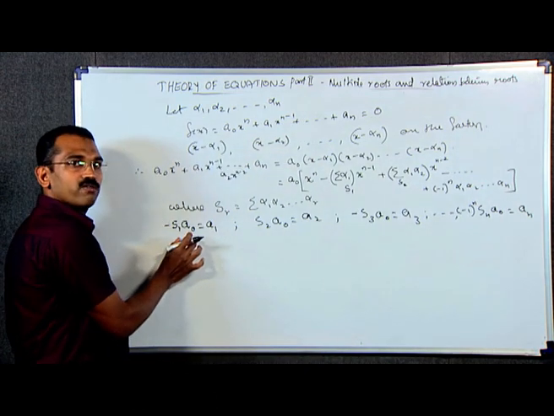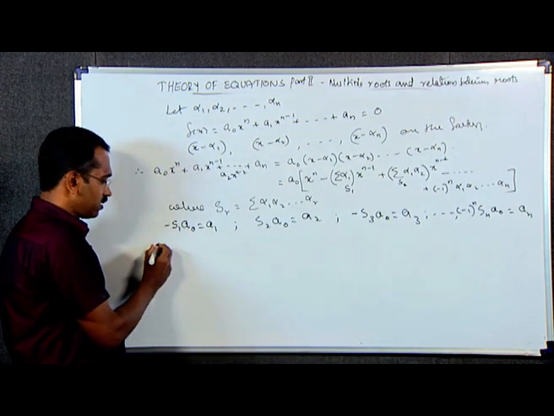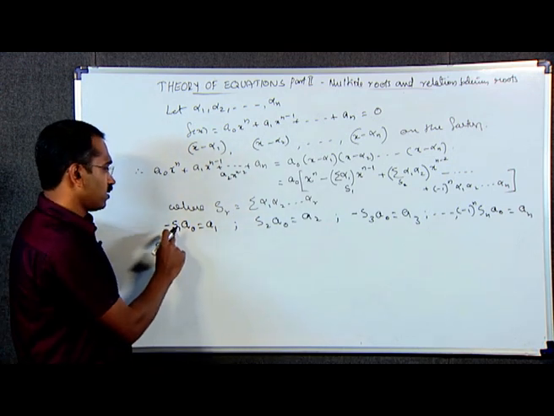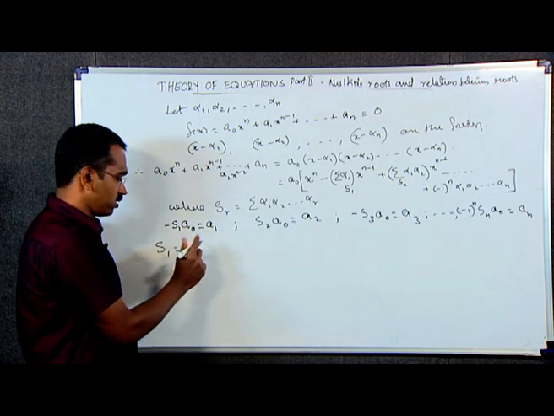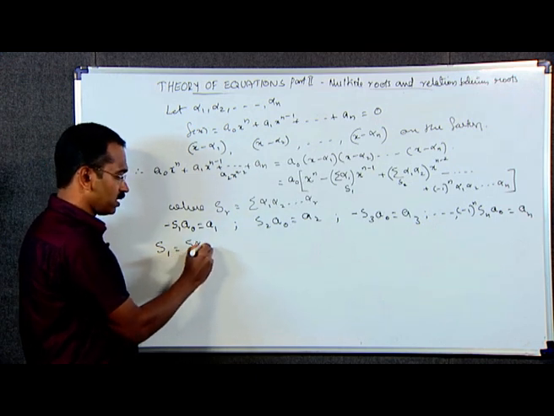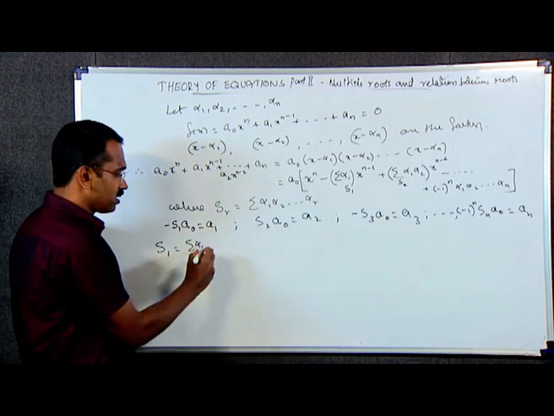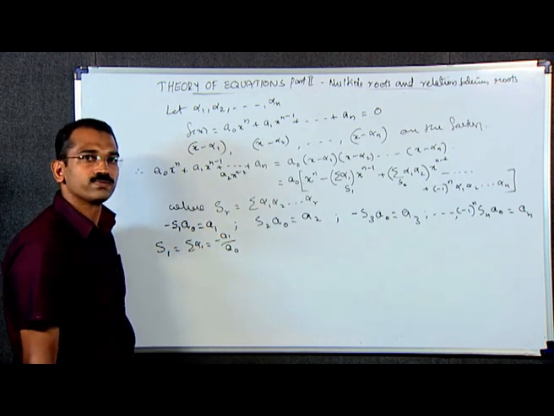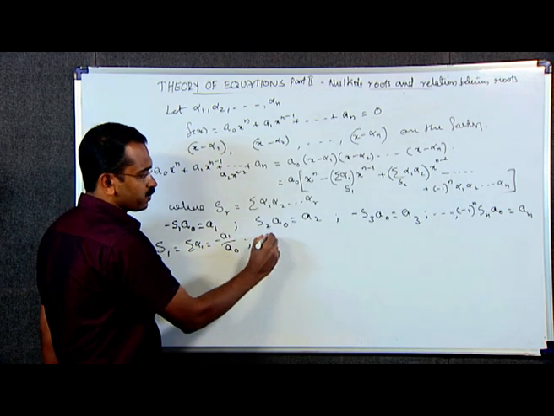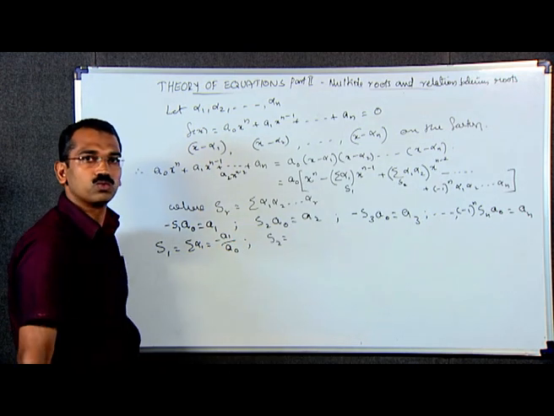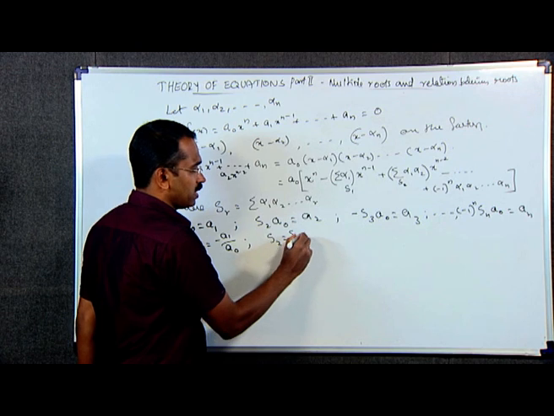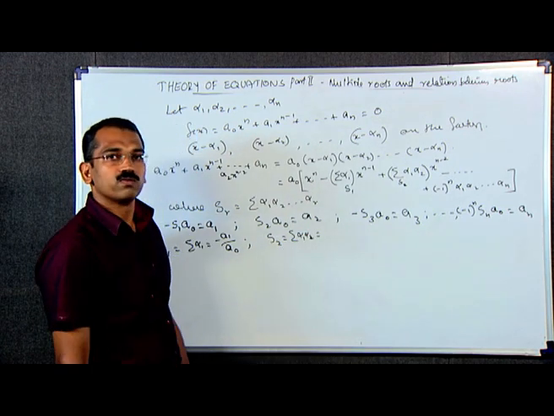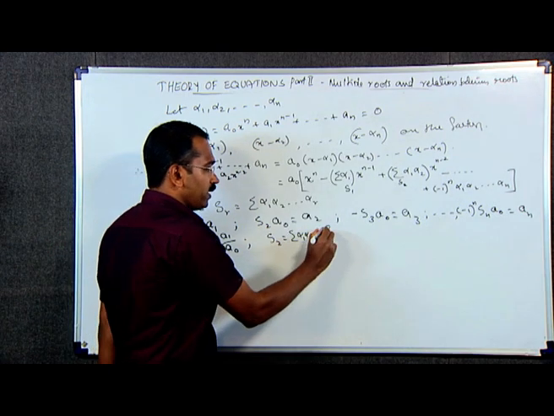From this we can write S1 is equal to minus A1 divided by A naught, that is S1 means summation alpha 1, which is equal to minus A1 divided by A naught. From this expression, we can write S2, S2 equal to summation alpha 1 into alpha 2, which is equal to A2 divided by A naught.